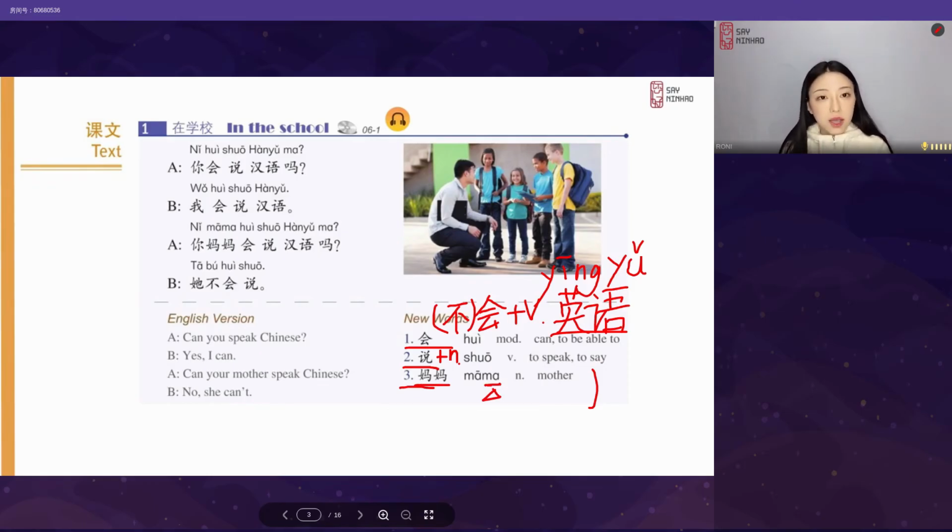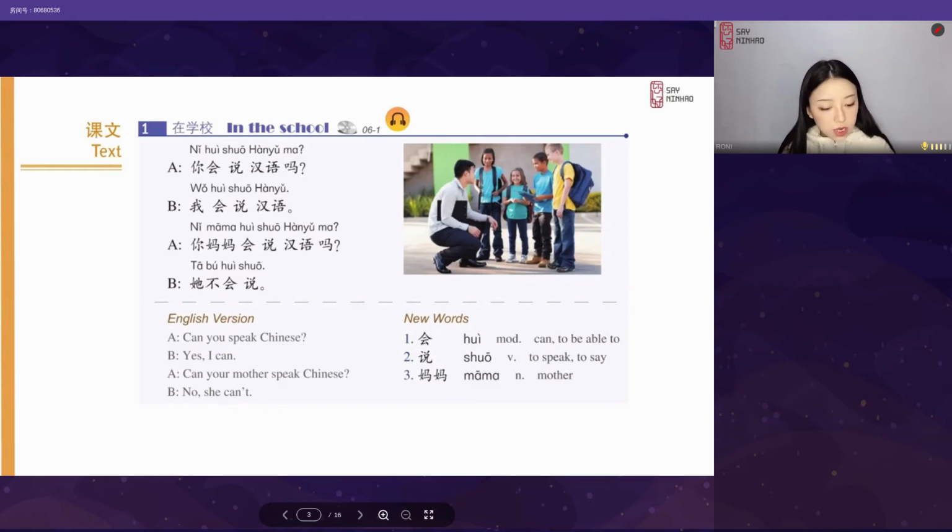For example, mama, 爸爸, 爷爷, 奶奶, okay? This is mama, mother. So now let's read from the start, each twice. 3, 2, 1. 会会说说妈妈妈妈. Very good.